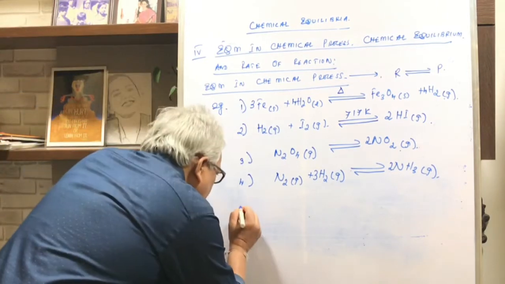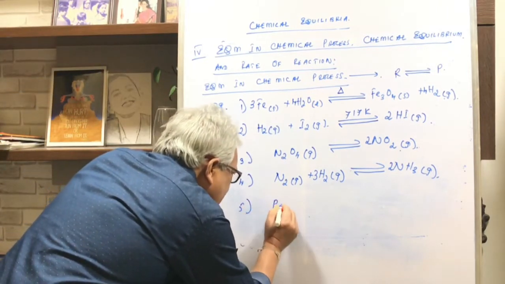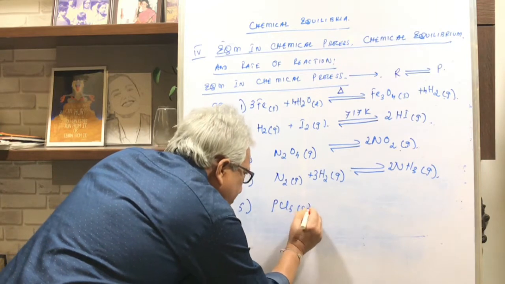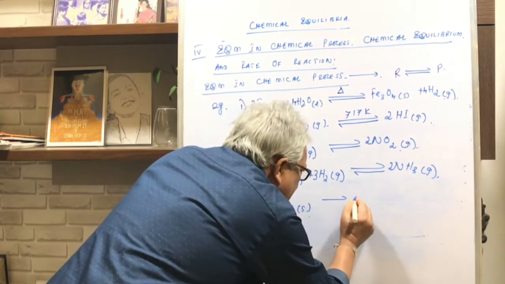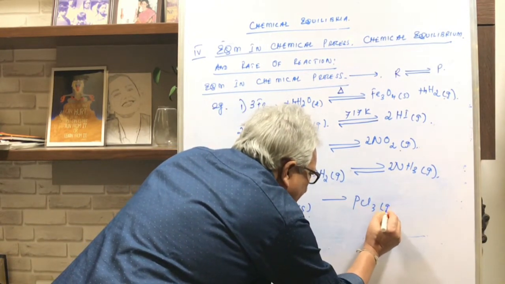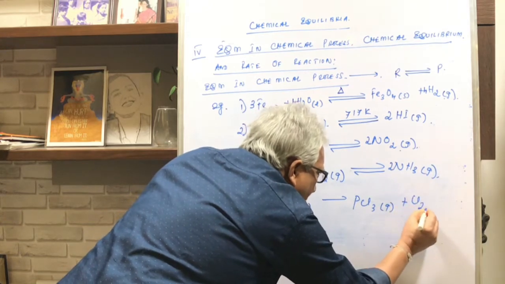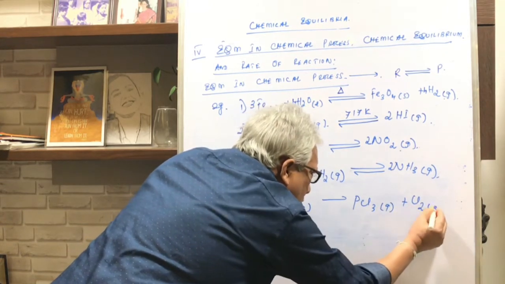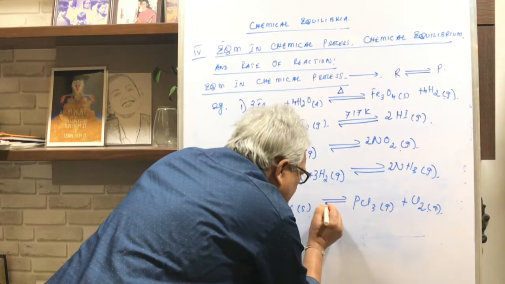The fifth one is PCl5, which decomposes to give PCl3 and Cl2, and then PCl3 and Cl2 recombine to give PCl5.